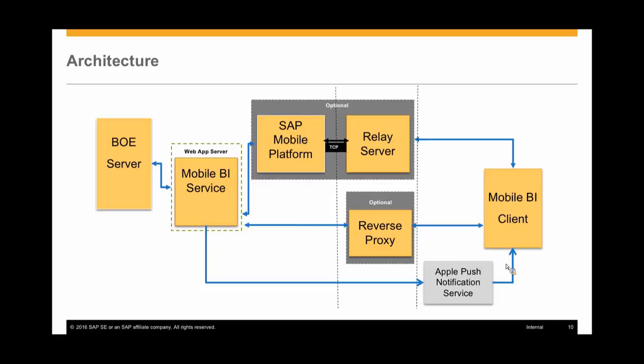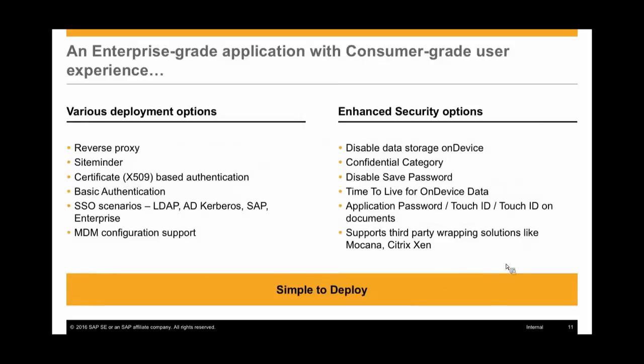Optionally, you could have SAP Mobile Platform, which is the on-premise version, and you could also have a reverse proxy. With the 6.x version of the application, we've started supporting Apple push notification capability as well. So if you are on BI platform 4.2 onwards, and with Mobile 6.4 onwards, you could opt for push notification for any document updates, etc.